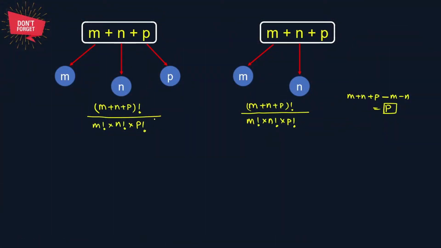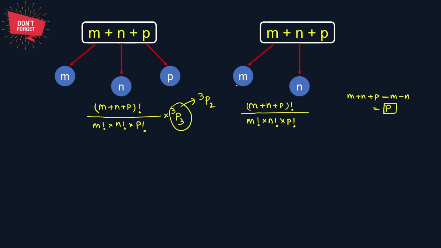And now if I ask you to distribute these three groups among 3 people, you will simply multiply this with 3P3 or factorial 3. Or if I say distribute these 3 groups among 2 people, then in place of 3P3, you have to write 3P2, because 3 groups are available to you and they have to be distributed among 2 people, which can be done in 3P2 different ways.